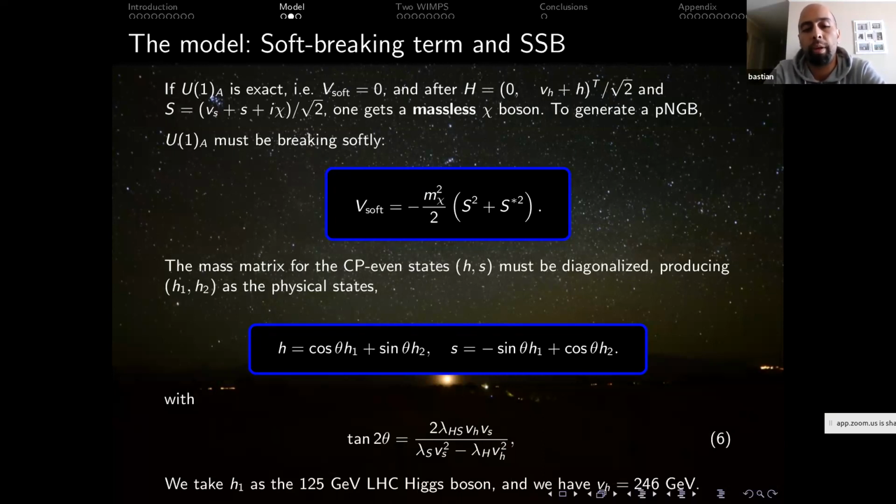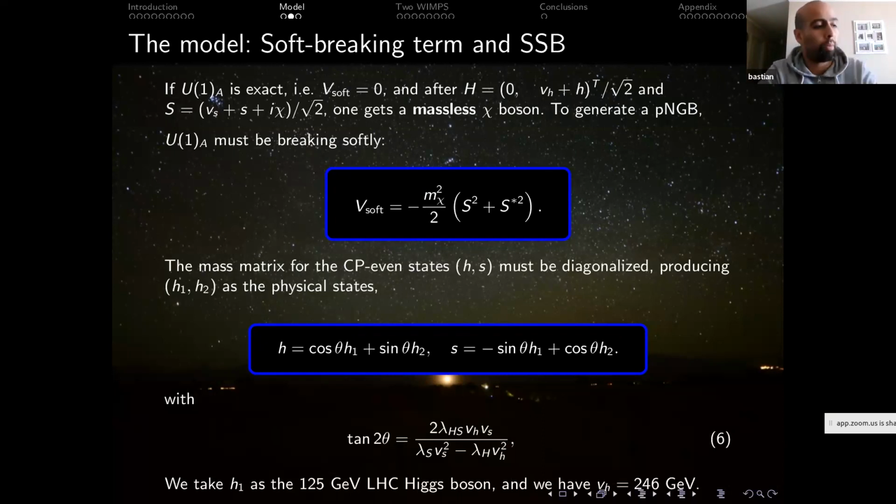Finally you get this relation between the mixing angle and the parameters of the model. We choose H1 to be the 125 GeV Higgs that was discovered some years ago, so H2 can be lighter or heavier than H1.